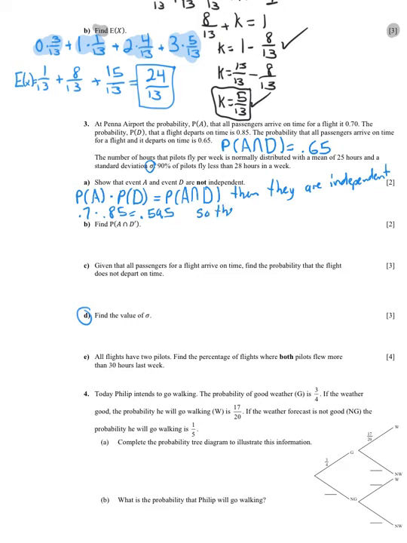So these are not independent. When they're independent, somebody showing up late to the airport doesn't impact the flight leaving late. But now this is saying that there is some type of impact. That's what the first part's asking. Okay, part A there.